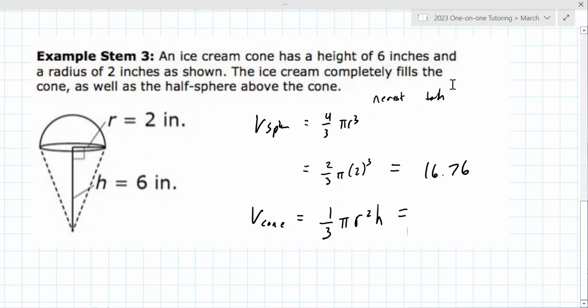So that'd be 4 times pi times 6 divided by 3. 25.13. Okay, now we're closer. All right, so give me the final answer to the nearest tenth, please. Then I add them, right? Yes.